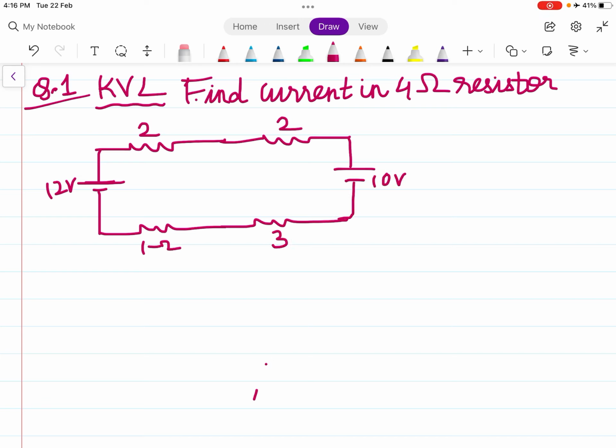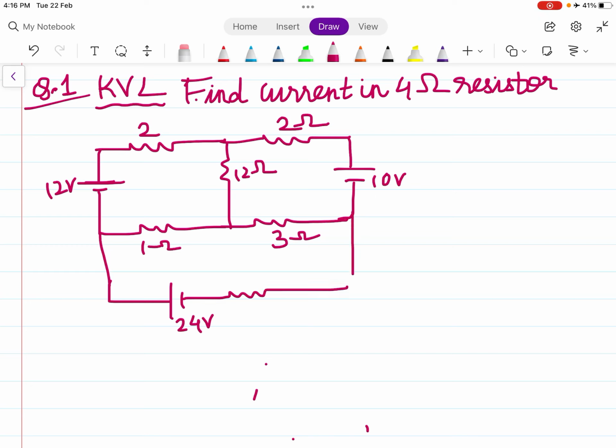This is 3 ohms. This is 2 ohms. This is 12 ohms. Then this is 24 volts. And this is 4 ohms.